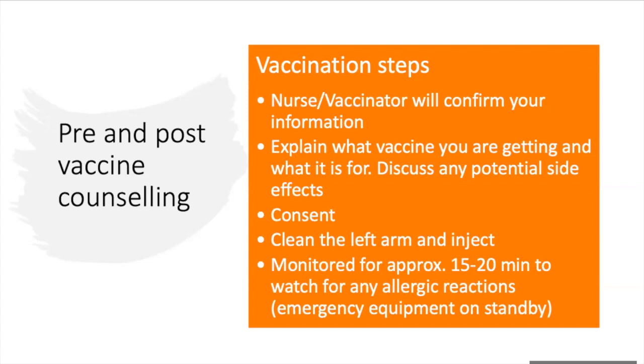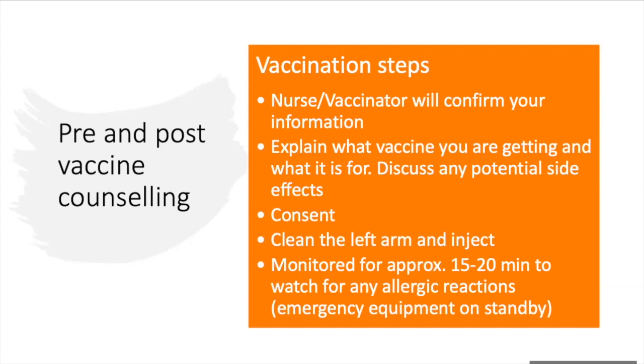But let's discuss the vaccination steps. What will happen if you decide to get vaccinated? You will get your message. You will go to whichever site you will be vaccinated at, and then the nurse or the vaccinator will confirm your information and your registration. Then they will explain what vaccine you are getting, what it is for, and discuss any potential side effects.